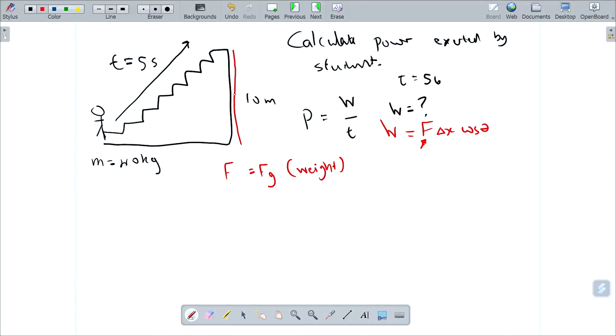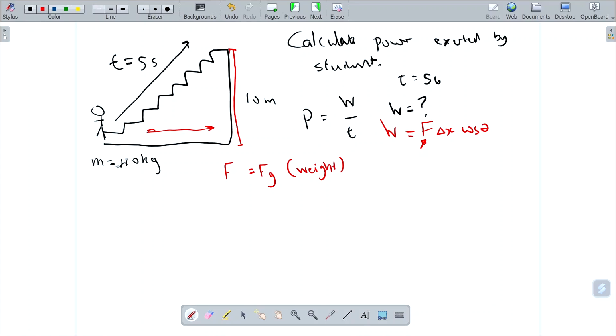And so, remembering that the work must be done parallel to the direction of movement, only the component of the force that is parallel to the direction of motion is the one that is going to be acted on. So it's only the height here. This distance is the only distance that is going to be important here. It doesn't matter how long the stairs are, because the force that is going to be overcome is the weight, and that is the force of gravity, which is in the vertical direction.